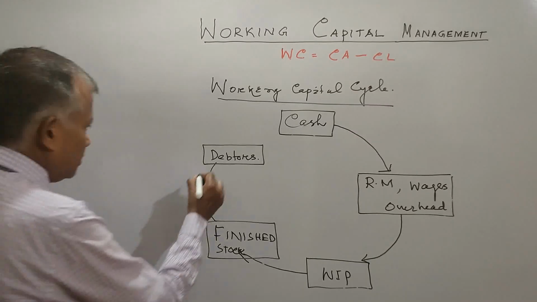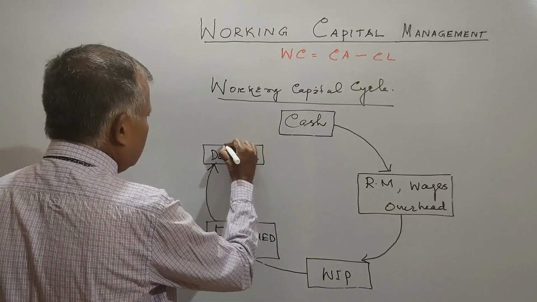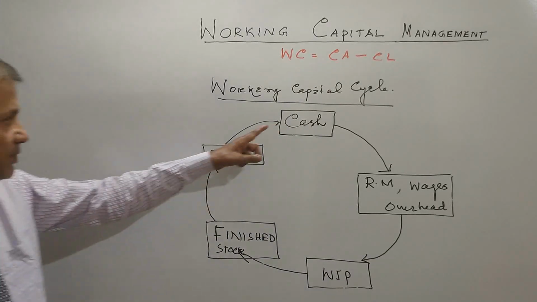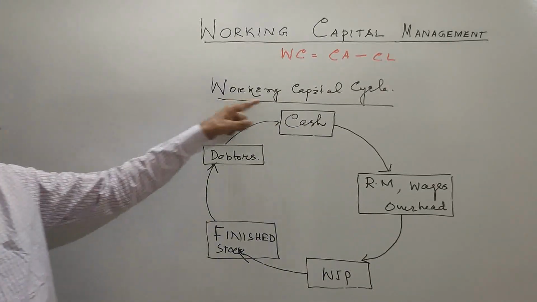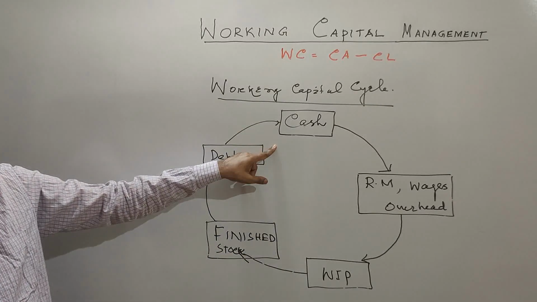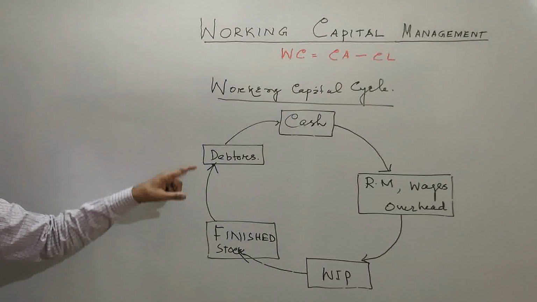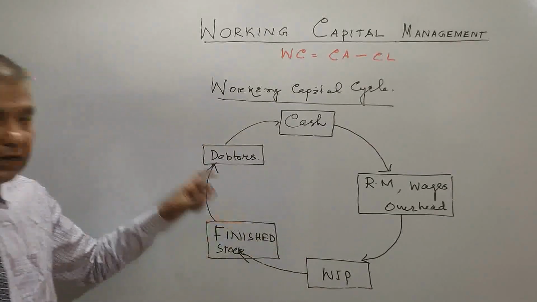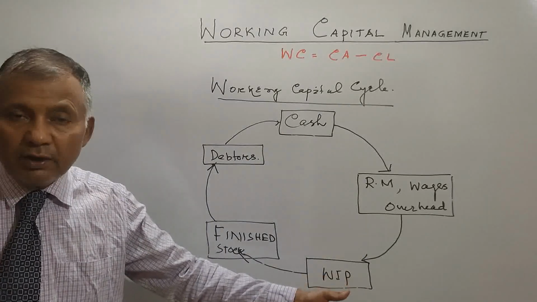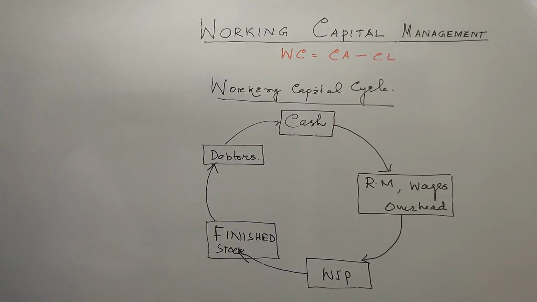From the debtors, the money is collected. So cash becomes again circulated as cash. Therefore, it is a complete cycle, a complete circulation. It is just like a circulation of blood in the business.